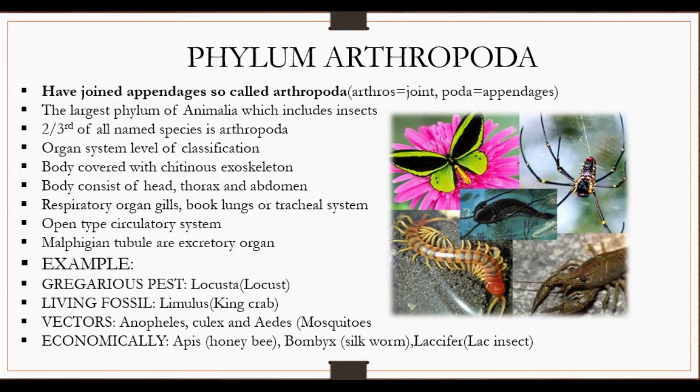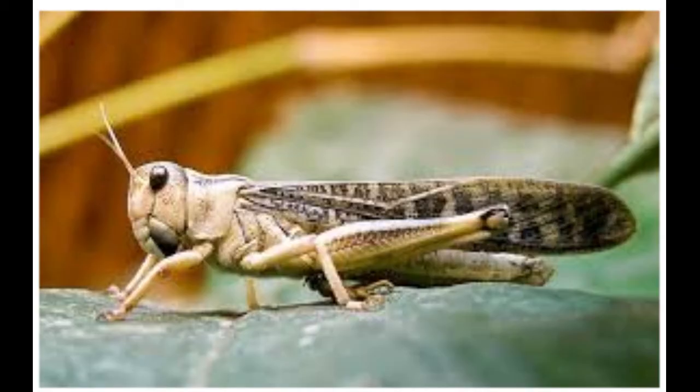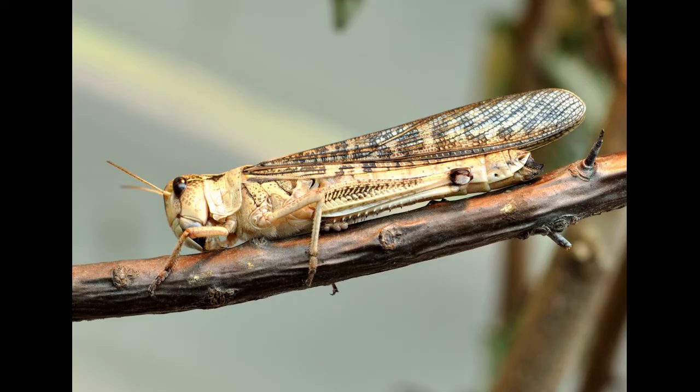Let's check the examples now. There are some gregarious pests, like the locust. Locusts are a collection of certain species of short-horned grasshoppers, and these insects are usually solitary, that is, found in a single phase, independent.